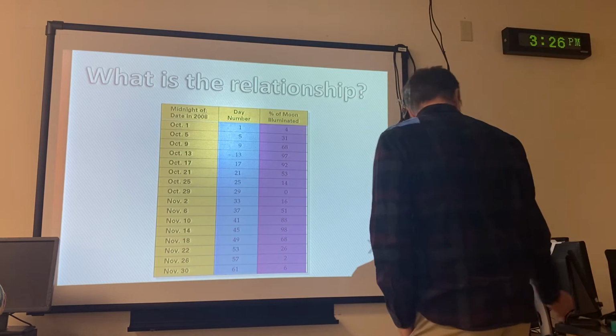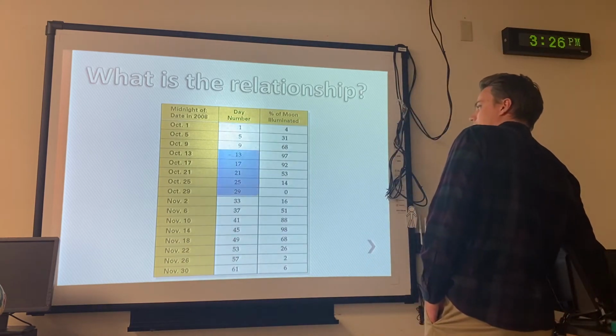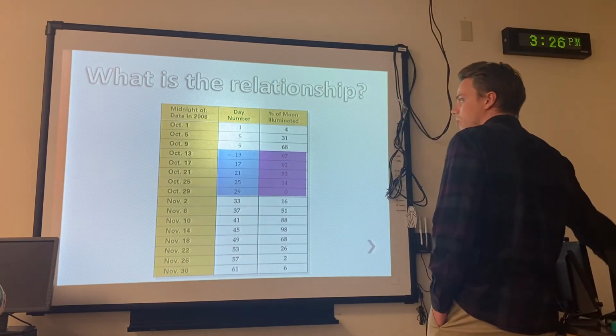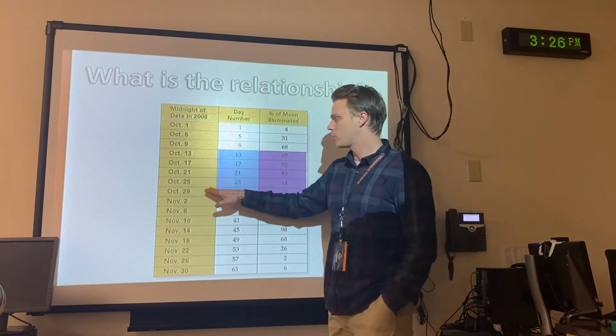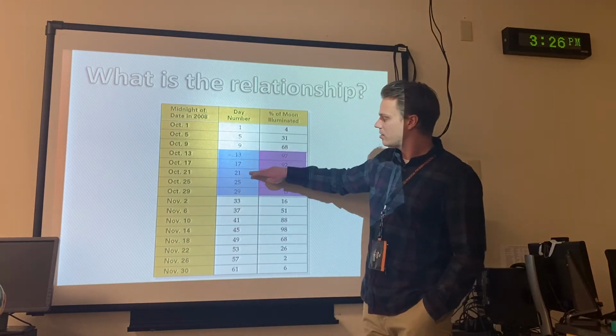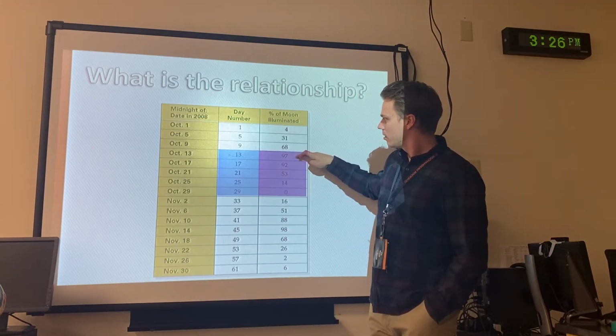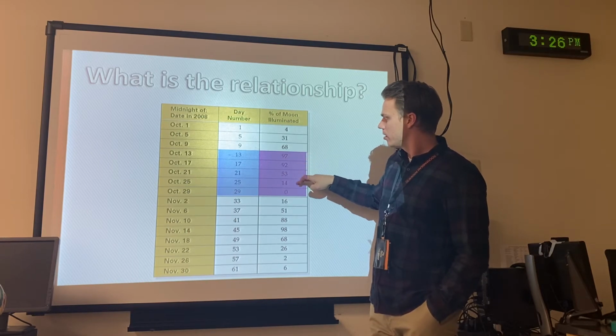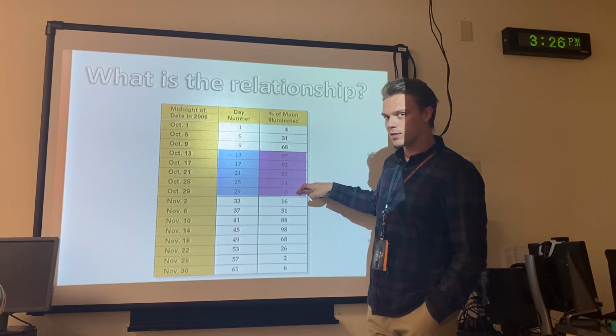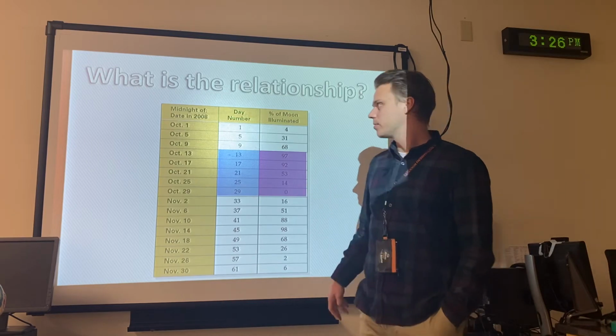So that's our cyclical change, or a cycle. But if we're just asked to look between October 13th and October 29th, as the days increase, the percent of moon decreases.